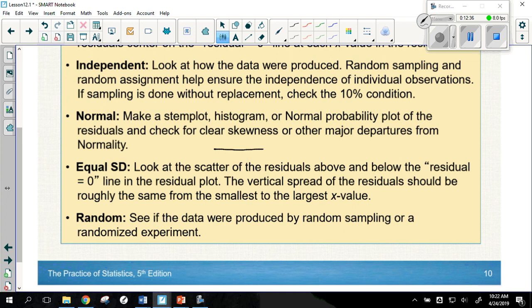But if you're looking at a residual plot, right, this is 0. If you see that as your x values are increasing, your residuals keep getting larger and larger and larger, there's probably going to be a picture here. That's what we're looking for. And I have a really nice picture of it that I'll share with you.